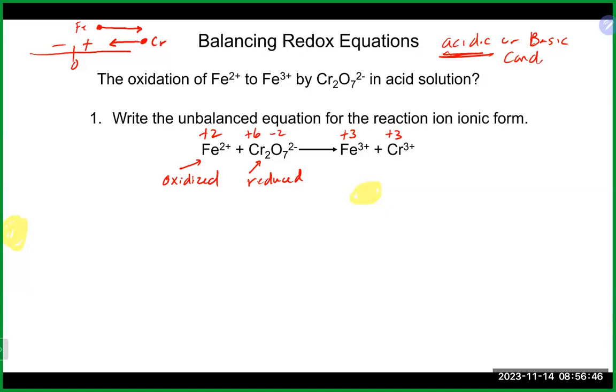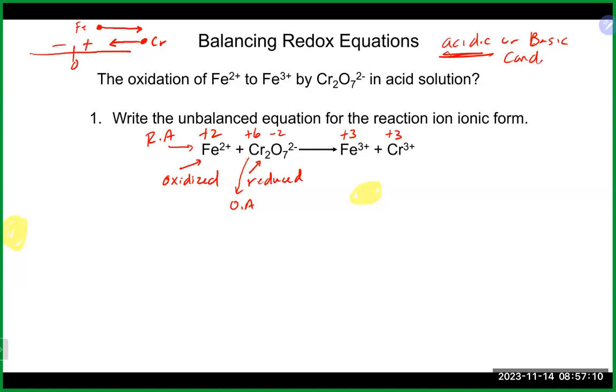That would also mean in this case that my iron is going to be my reducing agent, right? The iron with the +2 charge. And my chromium here actually will be my oxidizing agent. First off, any questions on assigning those oxidation states or determining who's being oxidized, who's being reduced?